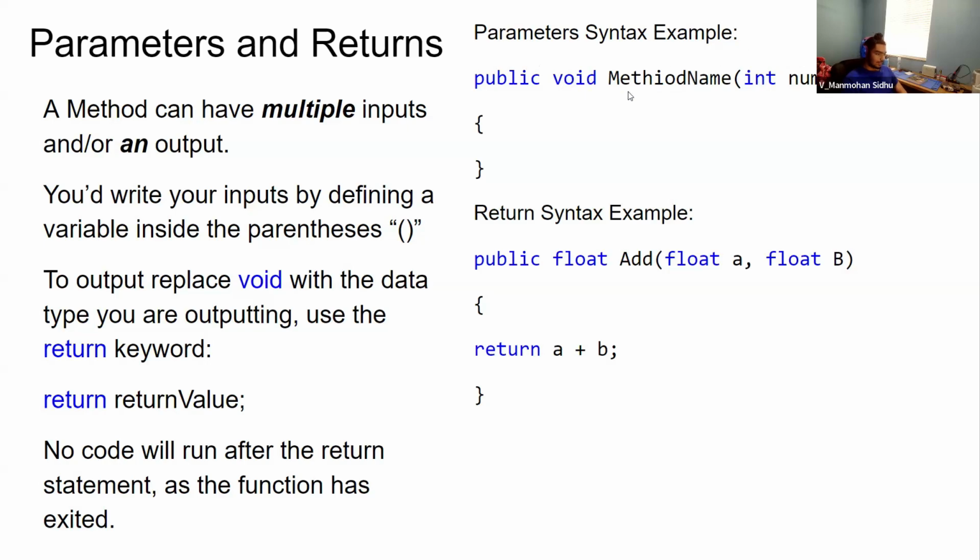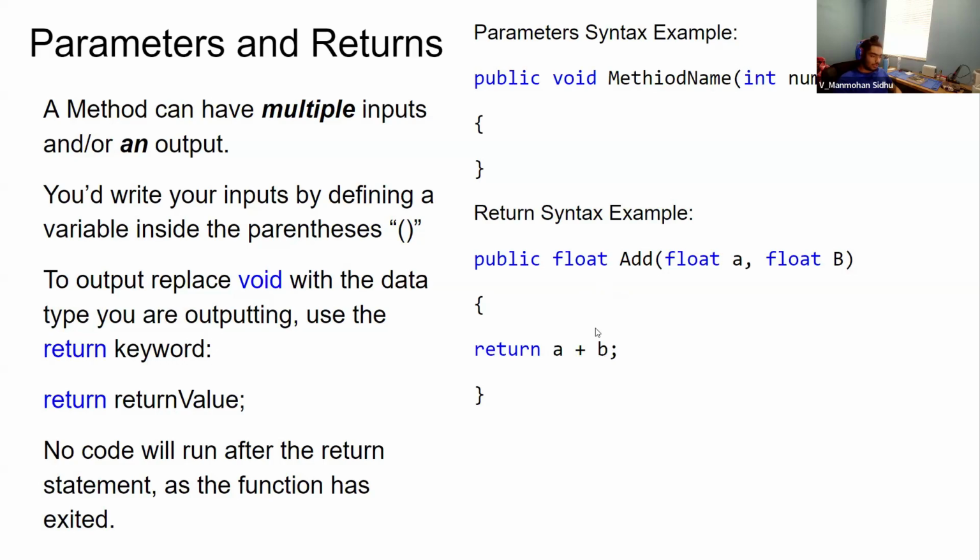And then if you want an output, you can only output a single value. So looking at this example, you have two inputs, and you're returning the addition of those two inputs. This return statement here basically outputs that variable or whatever value you have after the return statement, and then close off with a semicolon.